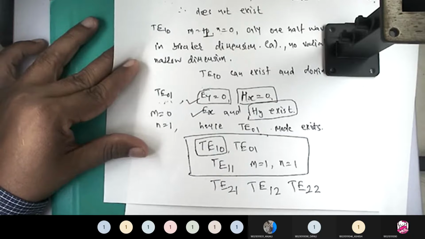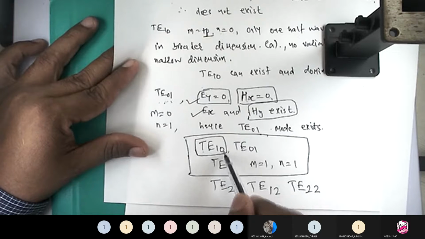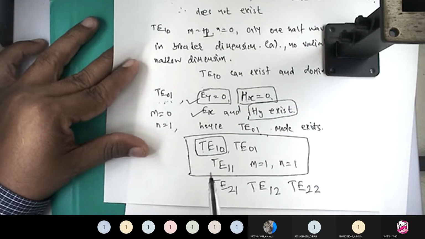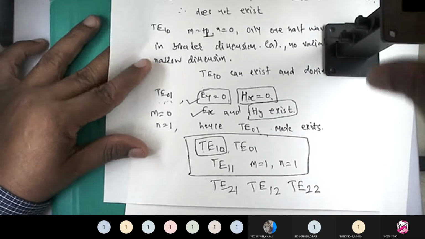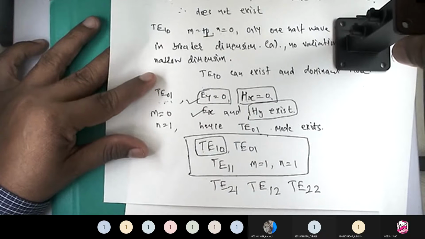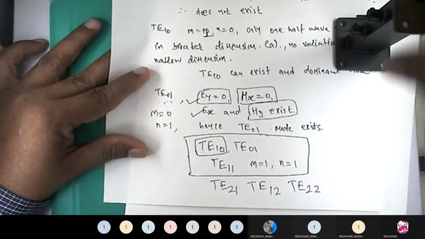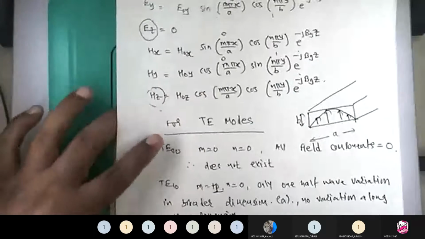So whenever we have to use a rectangular waveguide to transfer energy, it is preferable that the mode generated inside the rectangular waveguide should be TE10. So this is the answer why we go for only the TE10 mode. So with this I will stop here for the TE rectangular waveguide. Now all of you have an idea about the TE modes and the TE rectangular waveguide.